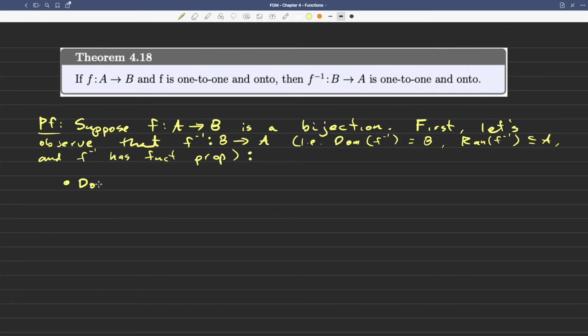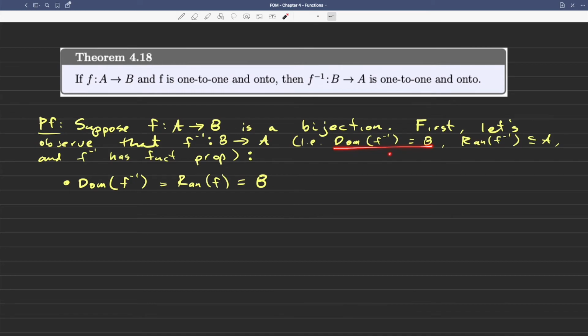We know as a general property that the domain of f inverse is equal to the range of f, and we know that the range of f, on account of f being a function from A to B and onto, is B.